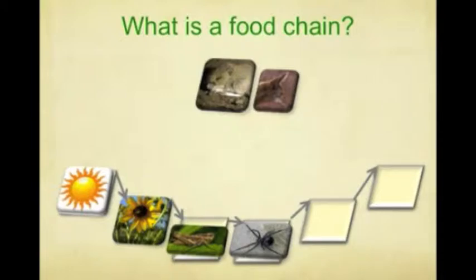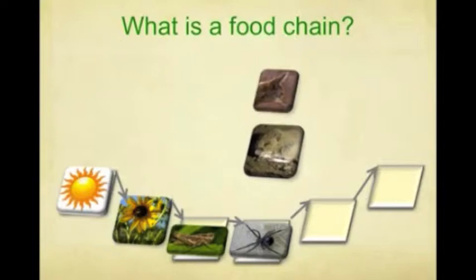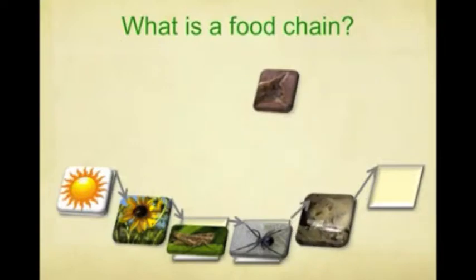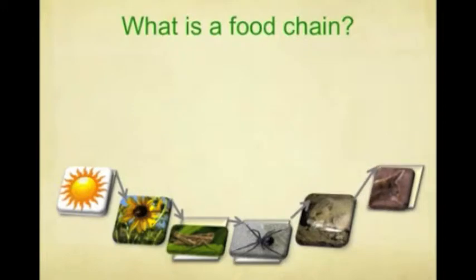The grasshopper is then consumed by a secondary consumer, which would be the black widow that we're showing here. The black widow is consumed by this mouse, and the mouse in turn is consumed by the coyote. When we get up to this level, we're at a quaternary consumer. The coyote would be a quaternary consumer.